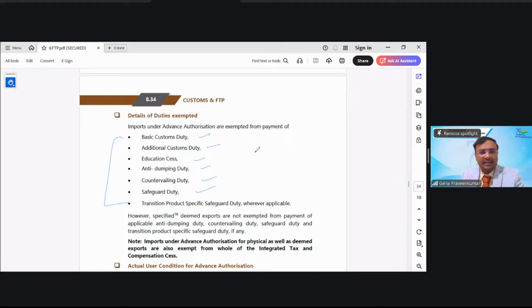All these are major exemptions. Under DFIA, duty-free import authorization, only basic customs duty is exempted. So this is the difference between DFIA and advance authorization. Modus operandi I will explain, but in terms of benefit, advance authorization is like a Vajrayana, a blanket approval. But DFIA is only a specific approval for basic customs duty.